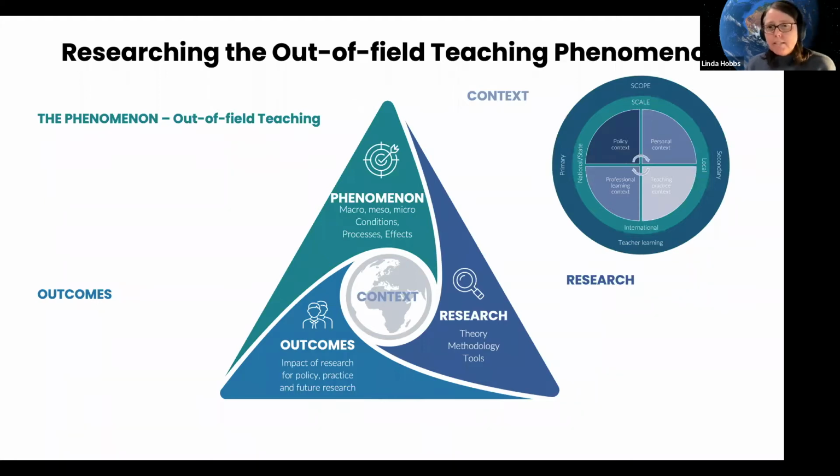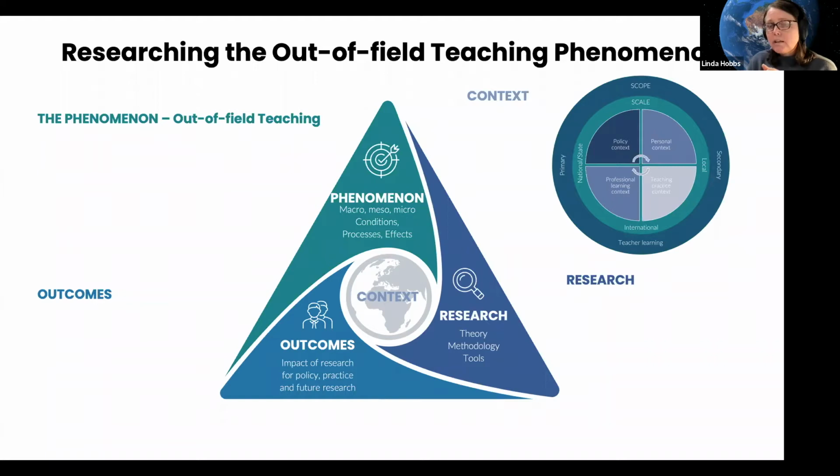In terms of context, we've got those contexts in the middle. You can think about it in terms of scale, so national, state, international, local, personal, those sorts of things. And then you could talk about it in terms of the scope. So we're looking at primary, secondary, and the notion of teacher learning.